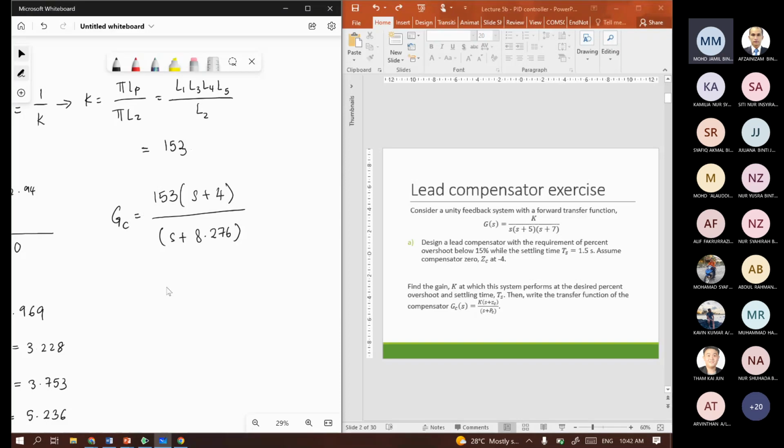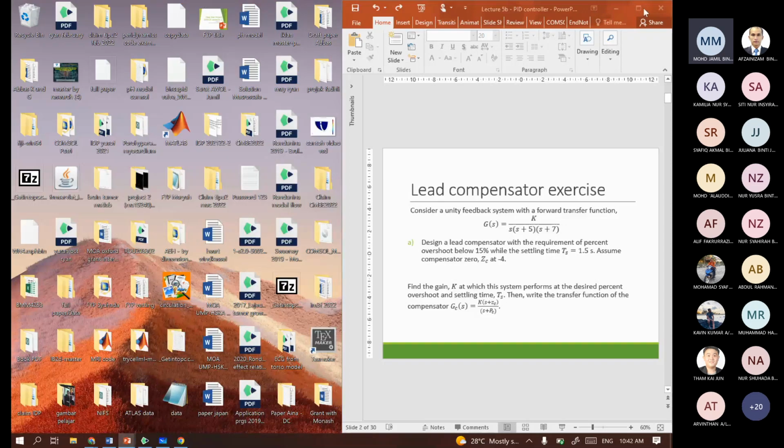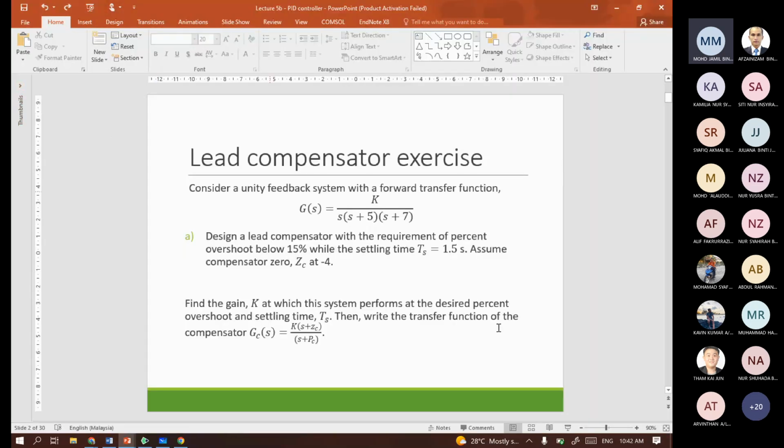Okay, so if you have no question, then we can proceed with a new lecture, which is the PID controller.